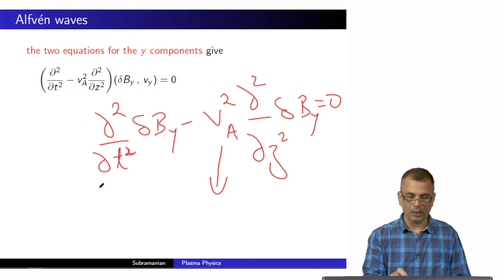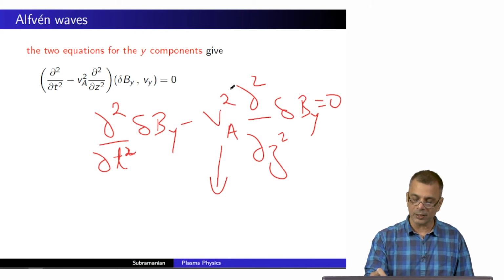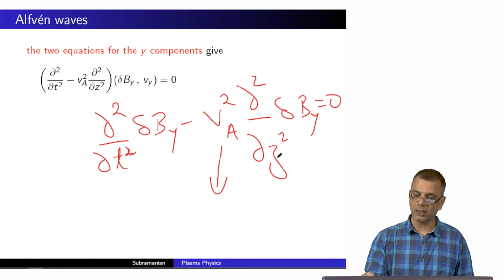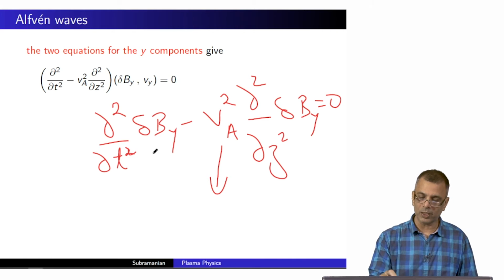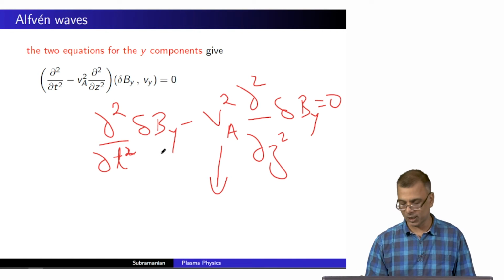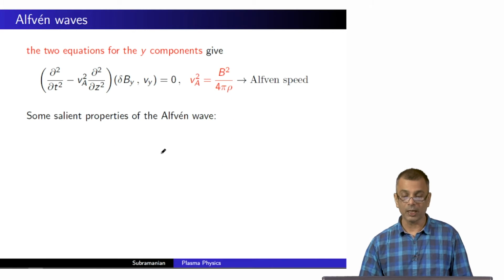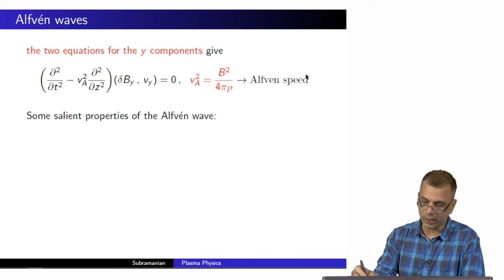So, you have an equation which looks like d squared dt squared of delta By minus this quantity Va squared times d squared dz squared of delta By equals 0, or the very same equation with delta By replaced by Vy. That is it. Where this all important thing Va squared, this is the Alfvén speed.